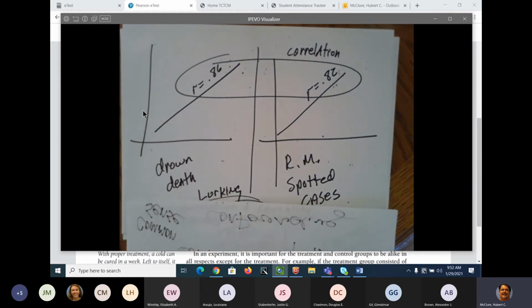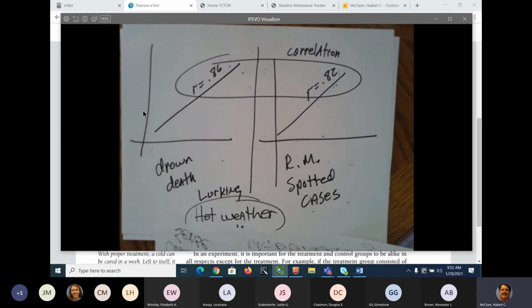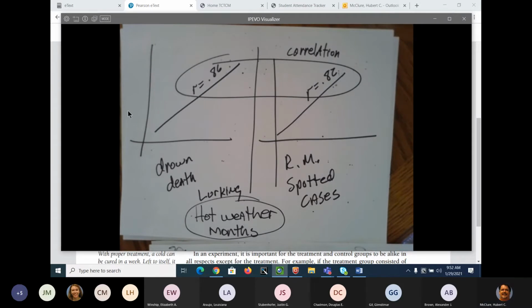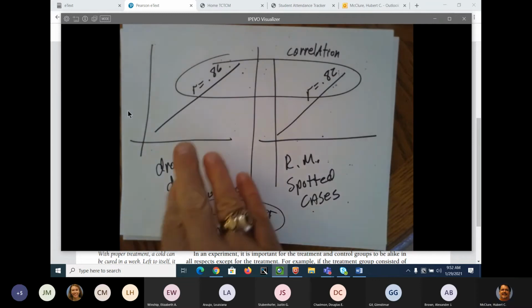But I ain't going swimming in December unless it's in an indoor heated pool. So your lurking variable is hot weather months, which is usually June, July, and August. And that's where we talk about correlation.